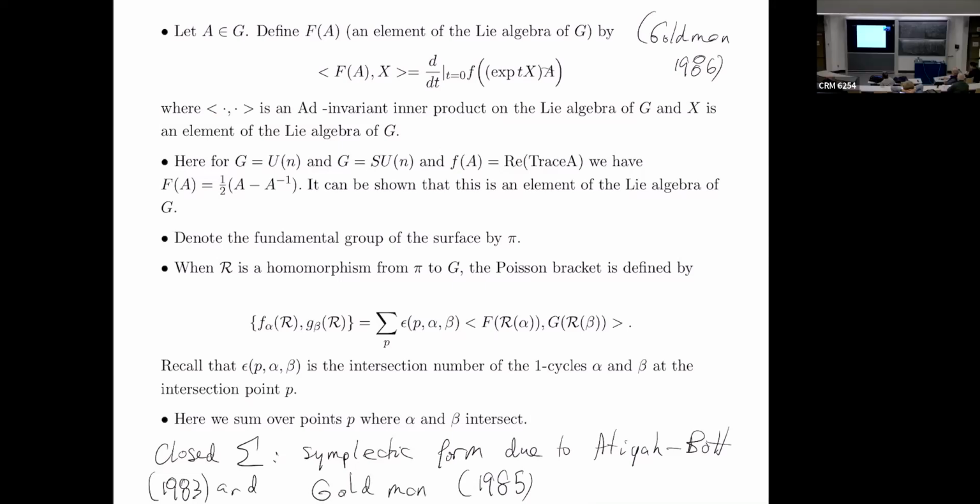You're assuming that G is semi-simple? U(N) is not semi-simple. Yes, G equals SU(N) is semi-simple. I don't think at this point that I am assuming that G is semi-simple.